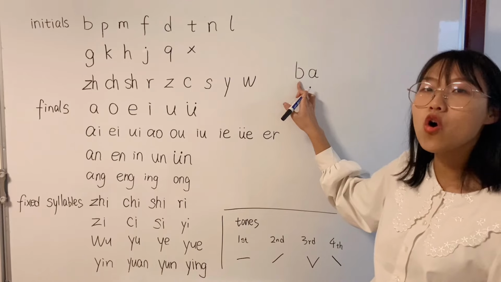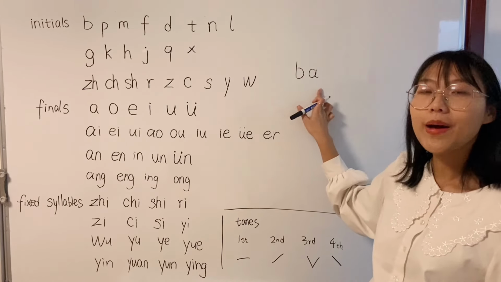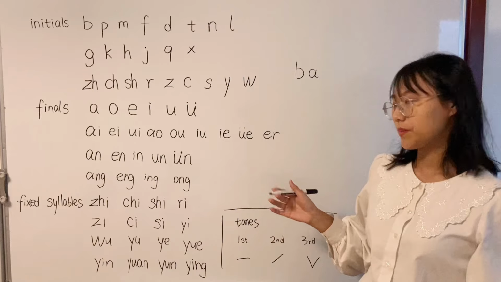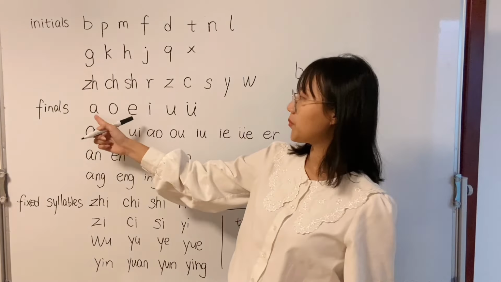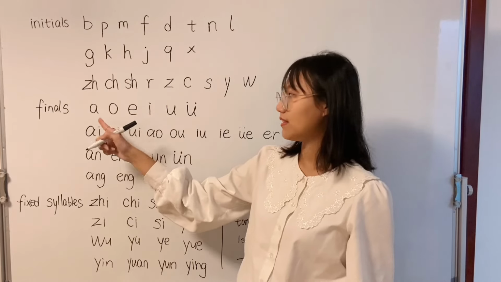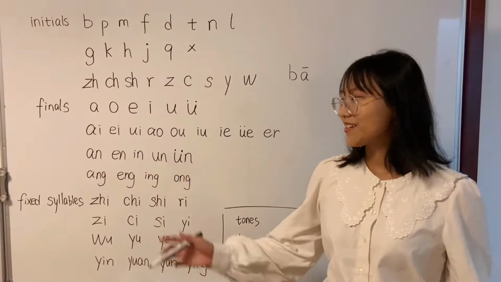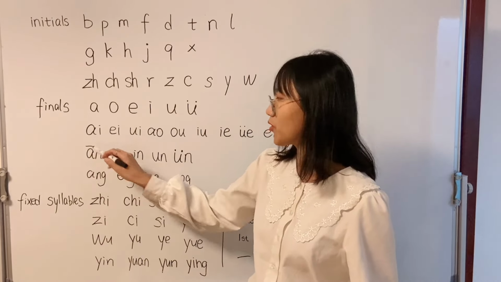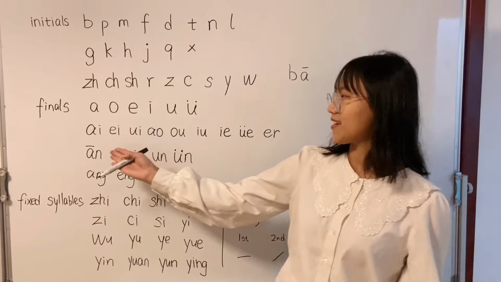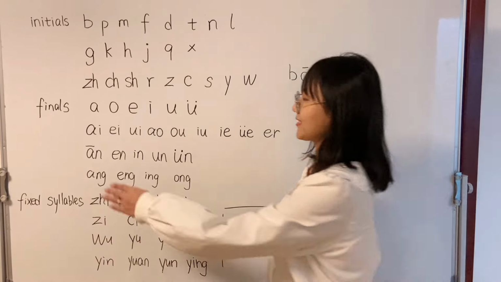Together, 波 啊 吧. Remember where we put the tones? In the finals, right? But we can only put it upon one letter. The more you practice, the more you will realize where to put the tones.